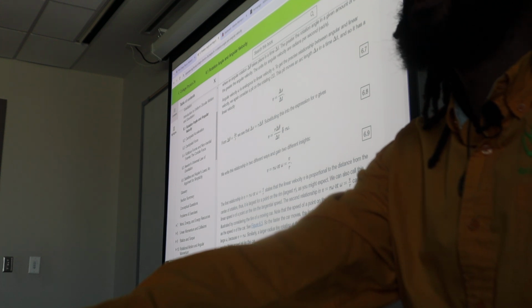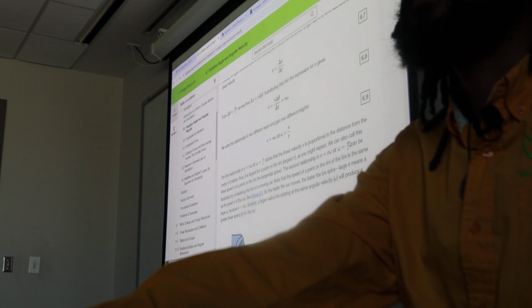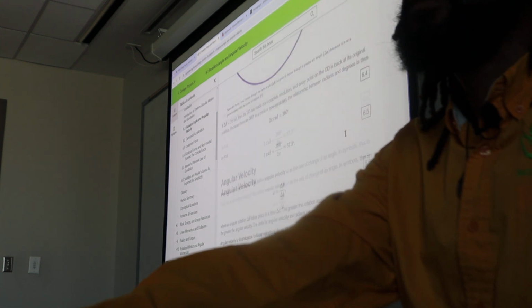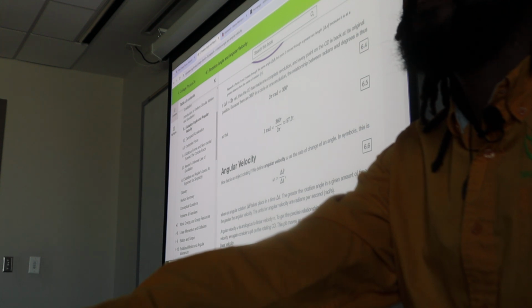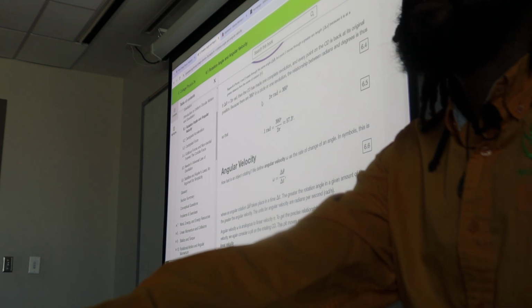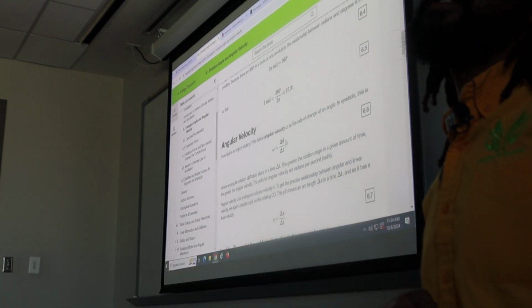So V is R omega. So omega equals V over R. Over the change in time. So here we are, our d theta over dt.